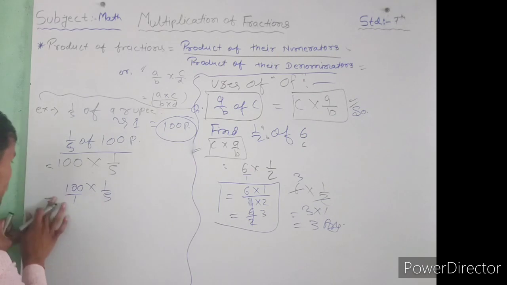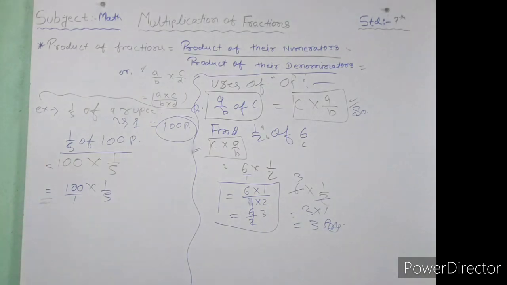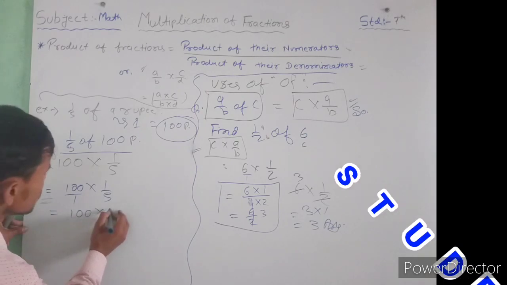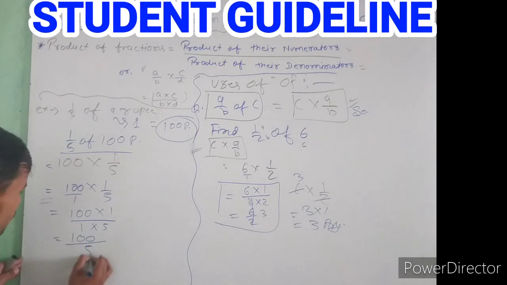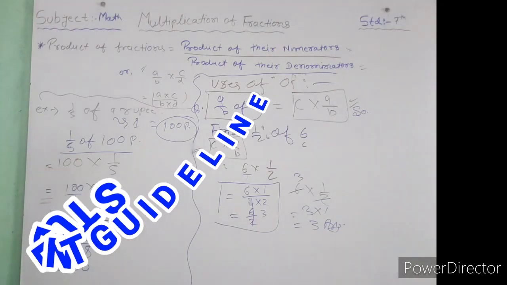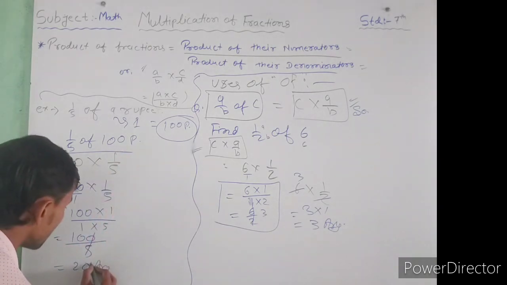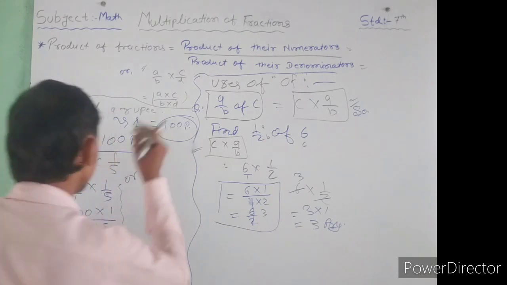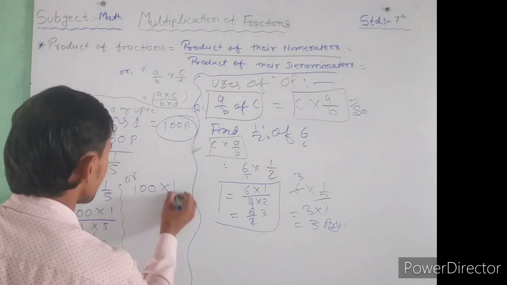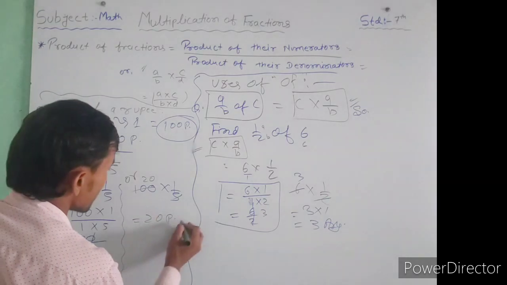Using the multiplication form, a into c and b into d, 100 divided by 5 gives you 20. So the answer is 20 paisa. With the other form, 100 multiplied by 1 by 5, when you cut it you get 20 paisa, your answer.